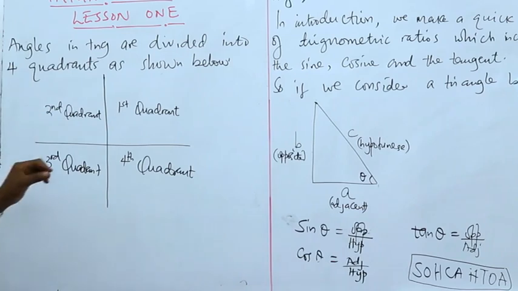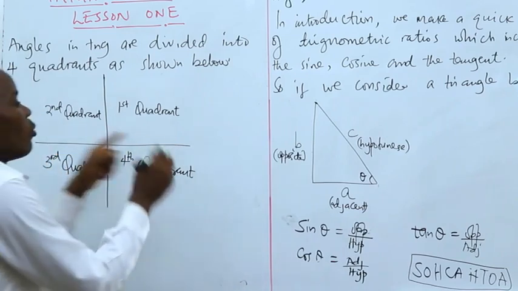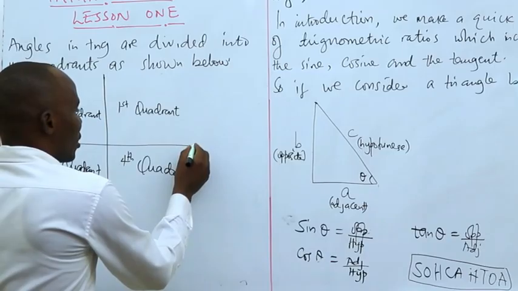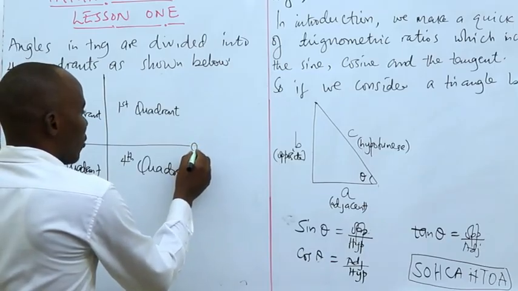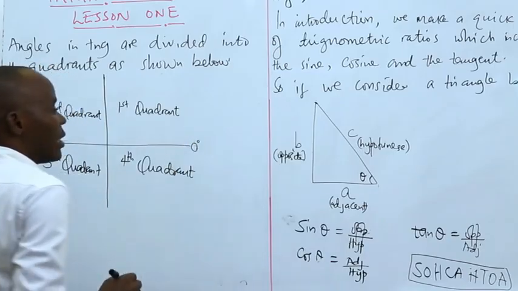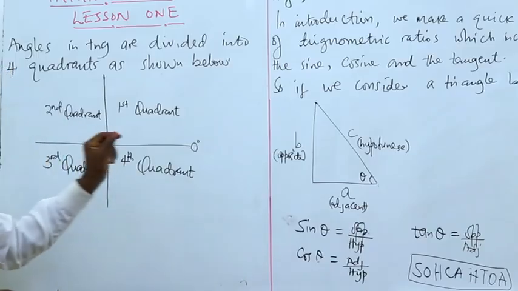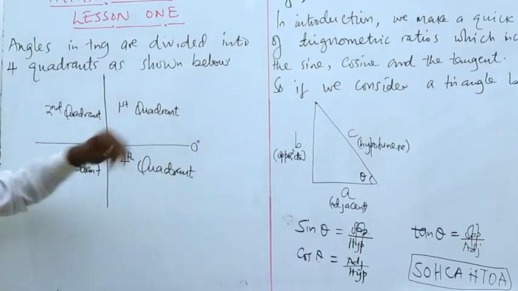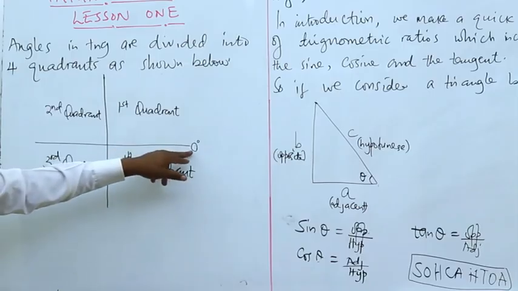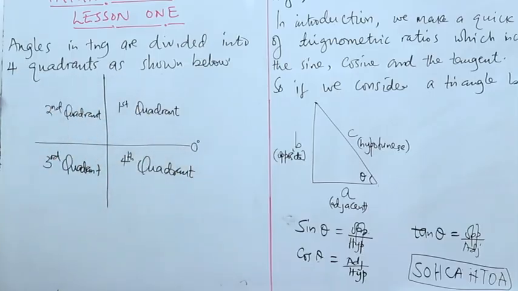Now, since I've said we move in the anti-clockwise direction, this is our reference, and the angle we start with is 0 degrees. I just want to emphasize we are moving in the anti-clockwise direction.